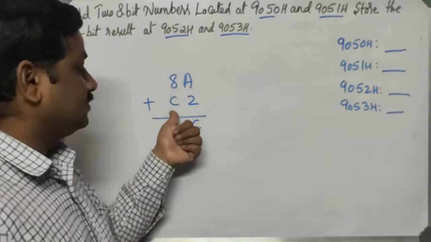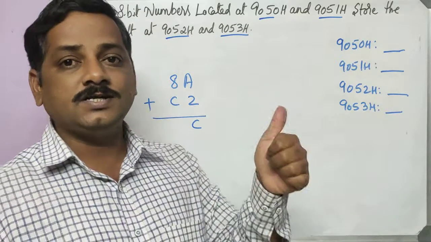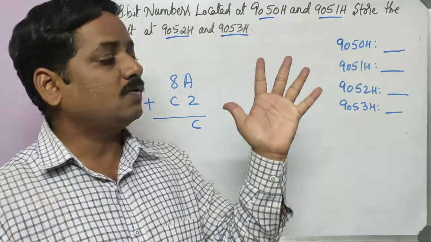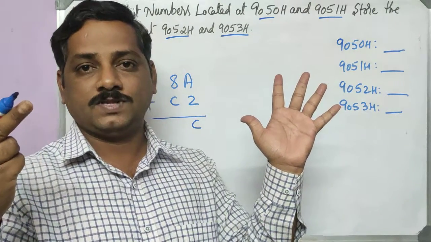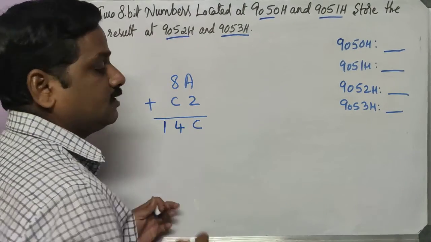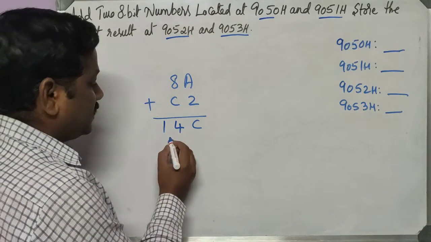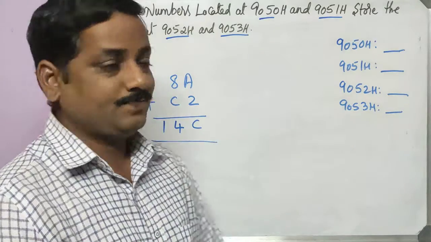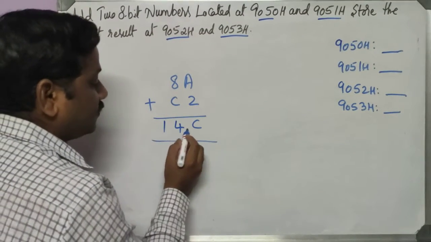And 8 plus C. So after C you add 8. So after C what do you get? D, E, F. And after F you get 10, 11, 12, 13, 14. Right. So you are going to get 14. That will be the answer here. So we got some result like this. This is not an 8-bit result because we got 14C.